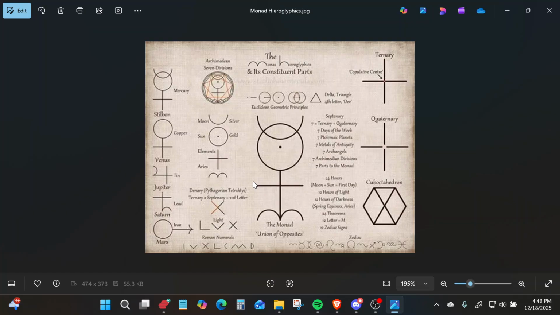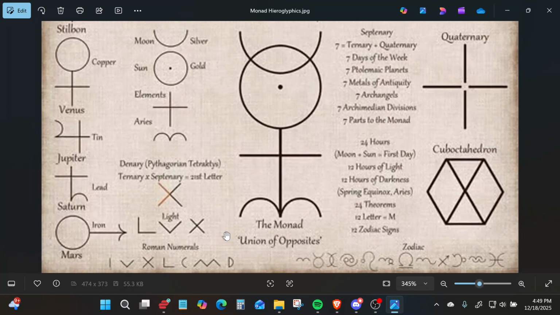They can be changed and altered and manipulated. We're talking about just purely perception. Yes, the sun and the gold symbol with the circle and the dot in the center is typically associated with Egyptian. These hieroglyphics are associated with Egyptian. So a lot of what you're going to see is Egyptian. But if you look in the bottom left here, it's tying in the Roman numerals.